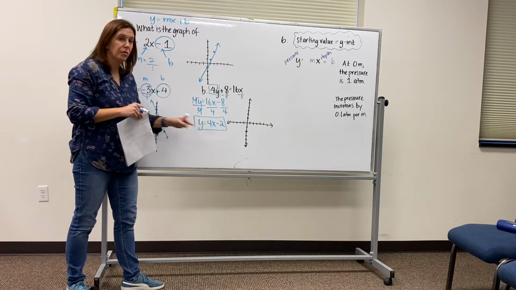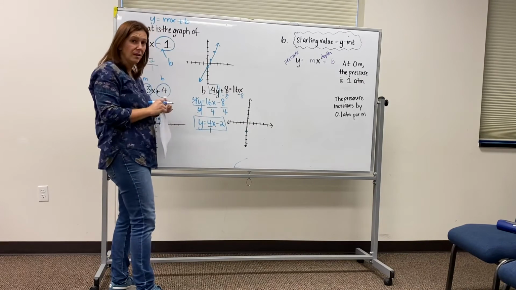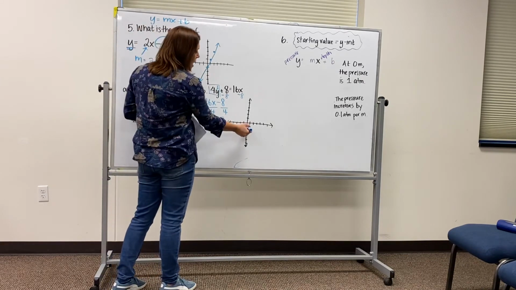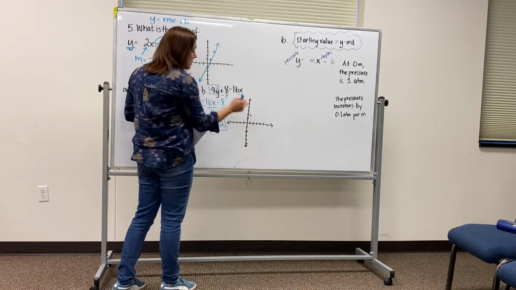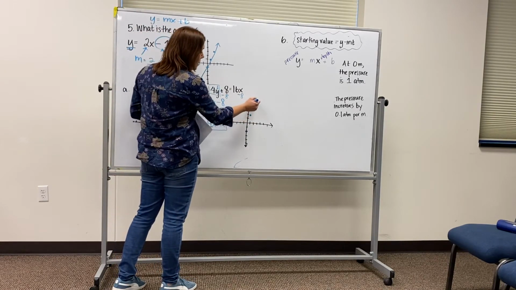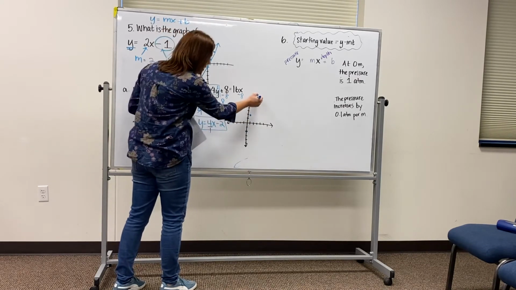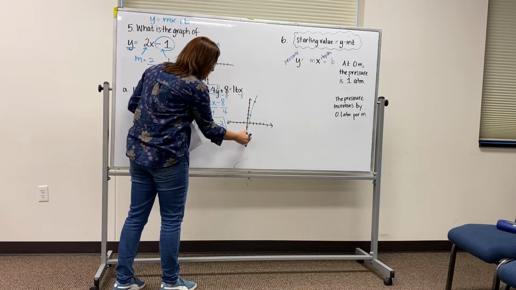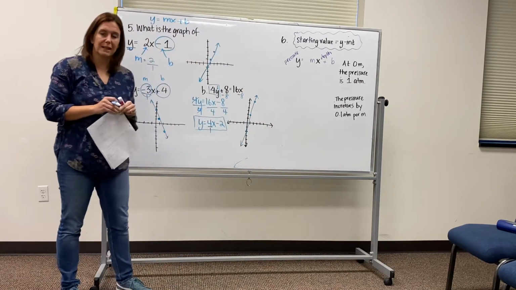So this slope of 4 is the same as 4 over 1, which helps me go up 4, 1, 2, 3, 4, over 1. Well, that's 2 points. I need another one. 1, 2, 3, 4, over 1. I have a very steep line here. Let's see if I can connect it. Not too shabby. There's my line.